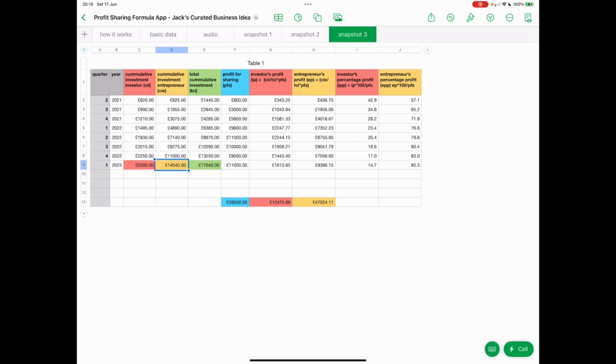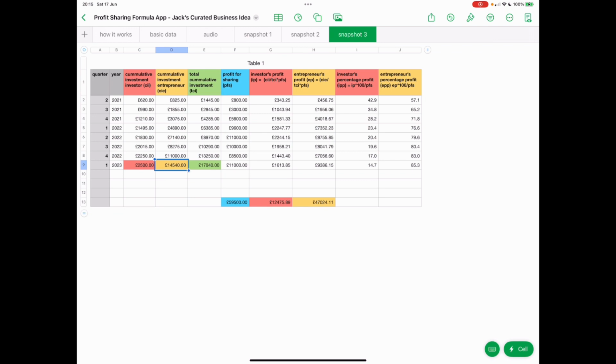So in all, since the inception of the business, from quarter two in 2021 up to quarter one in 2023, the total profits that were shared was about £59,500, and out of that, the investor would have got £12,475.89, and the entrepreneur would have got £47,024.11.